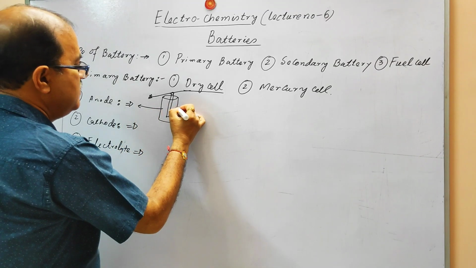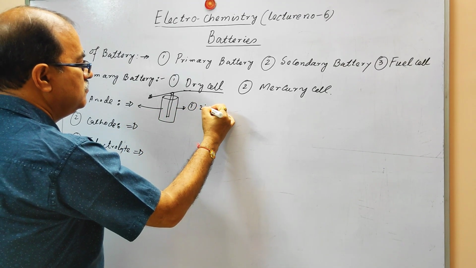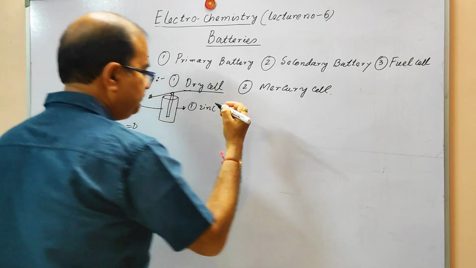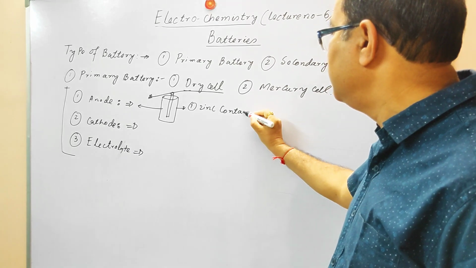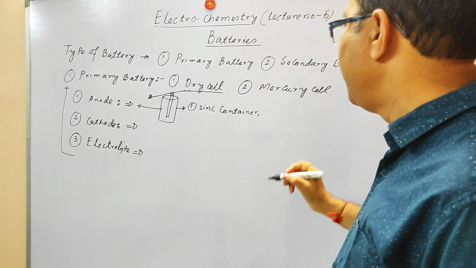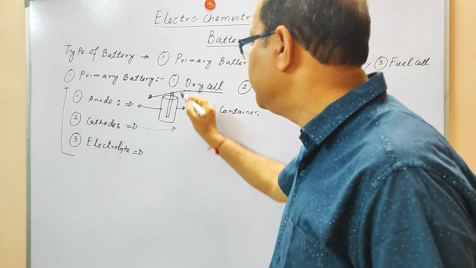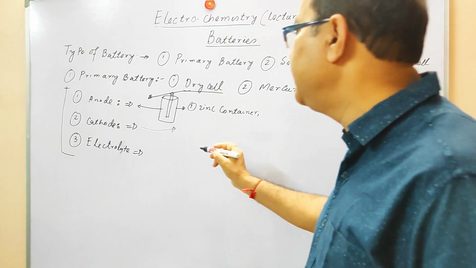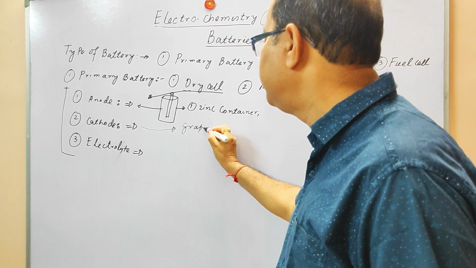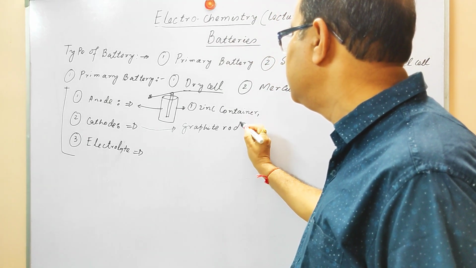So we can write: the zinc container is the anode, and the cathode is the graphite rod. This is basically a carbon rod, a graphite rod, and it is the cathode.